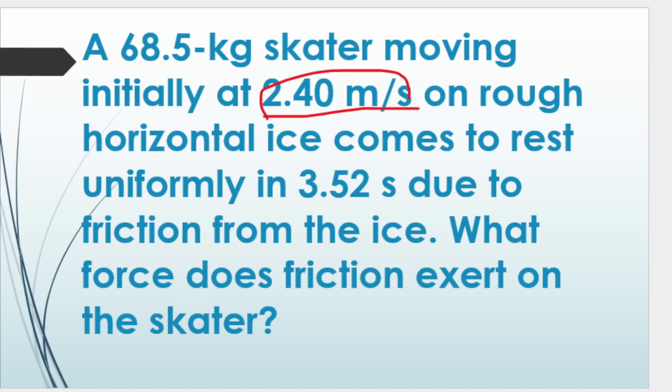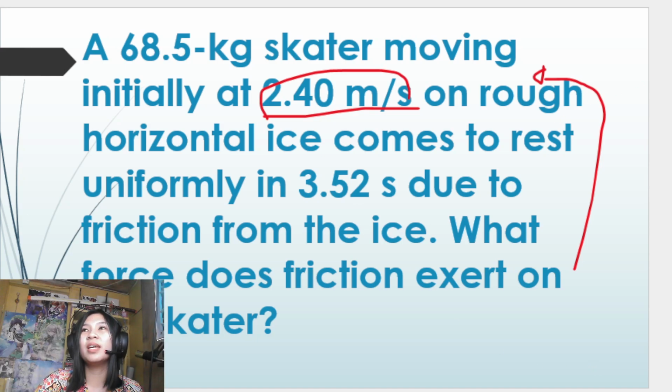So the friction will oppose whatever direction this velocity is going, or it will oppose the direction of motion. But here, it does not identify west, east, right, or left. So we will go with the default when no direction is given, so we will go with the left, while the motion is on the right.